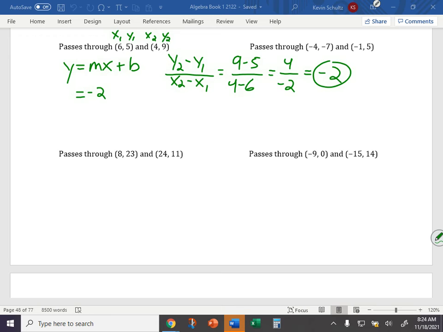Does it matter which one you use? No, it doesn't. Because they're both ordered pairs on the line, they both work in the equation, and b will end up being the same for either of them.